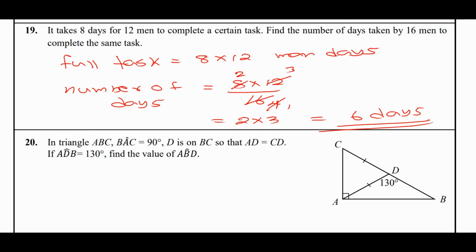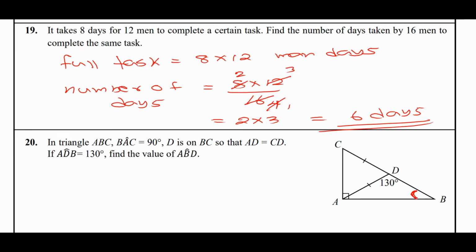In triangle ABC, yes, we can see in the figure, BAC equals 90. It is mentioned, D is on BC, so that AD equals CD. AD equals CD. That means ACD is an isosceles triangle. If ADB equals 130, it is also mentioned. Find the value of ABD. Let's find the angle ABD. ABD means this one.